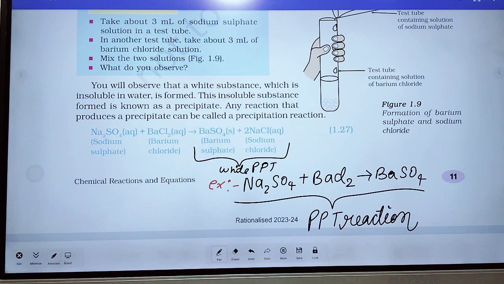There is one term left, that is the types of decomposition reaction: thermal decomposition reaction, that is by heat; electrolytic, that is by electricity; photo or light decomposition reaction, that is by light.